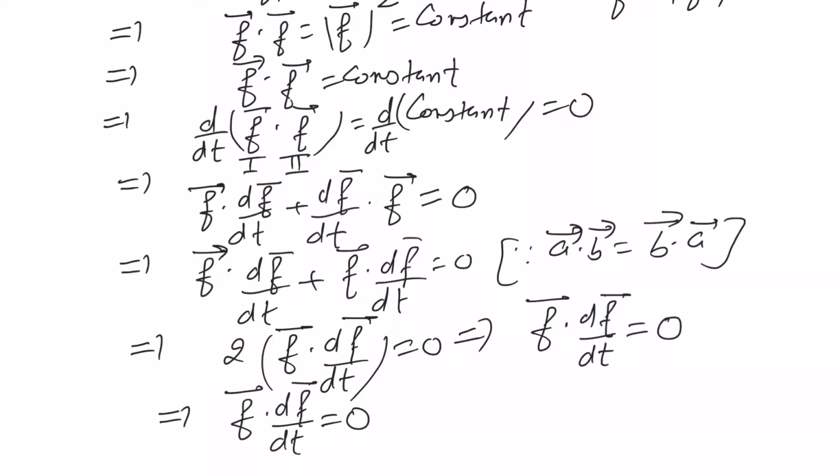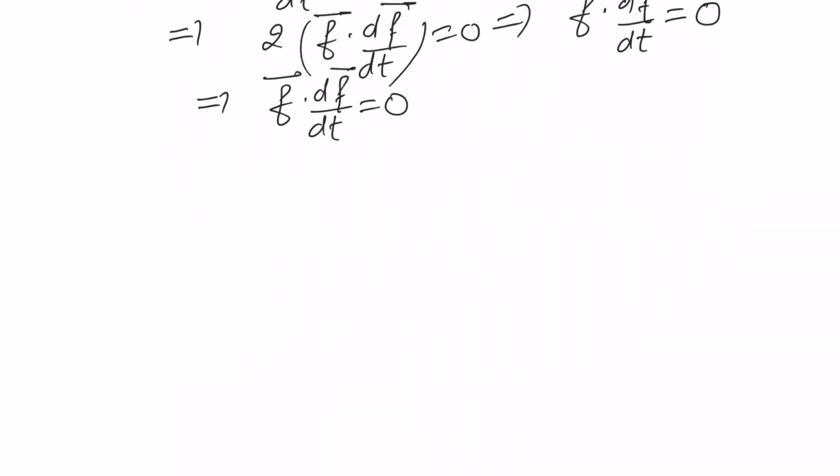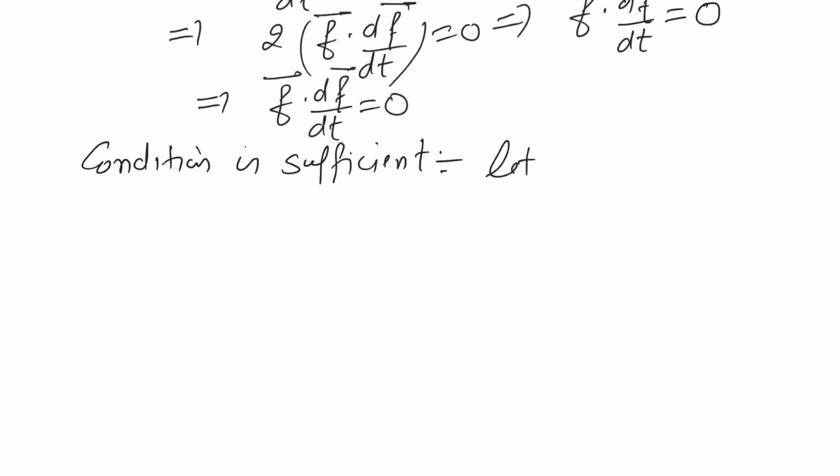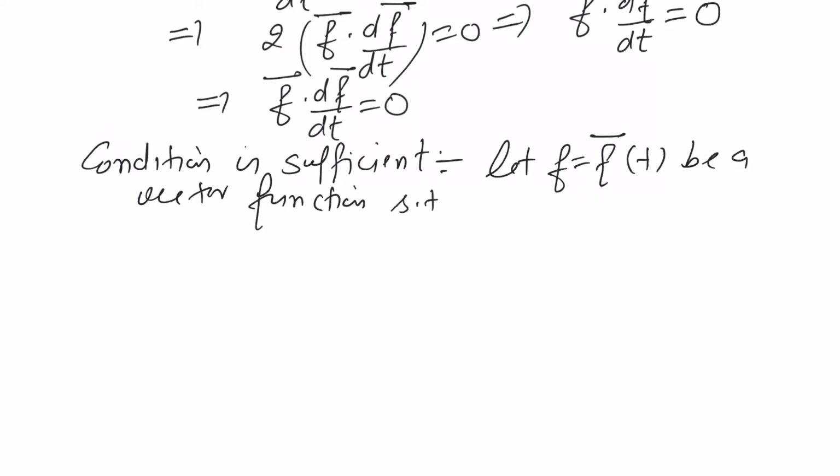Okay, next we prove that condition is sufficient. Let f is equal to f(t) be a vector function such that f dot df by dt is equal to 0.